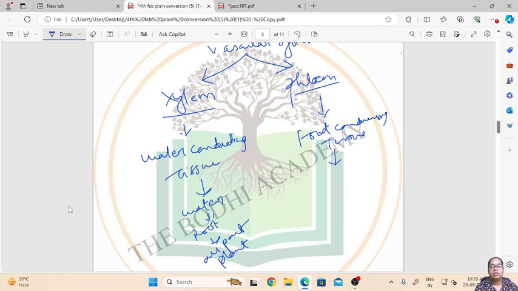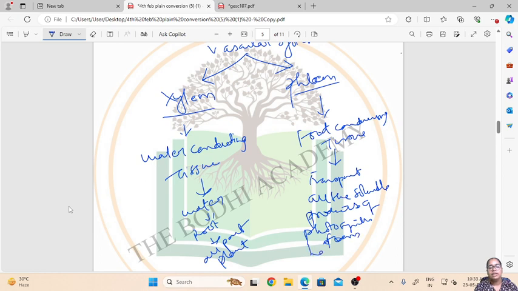It will transport all the soluble products of photosynthesis from leaves to all the parts of the body.